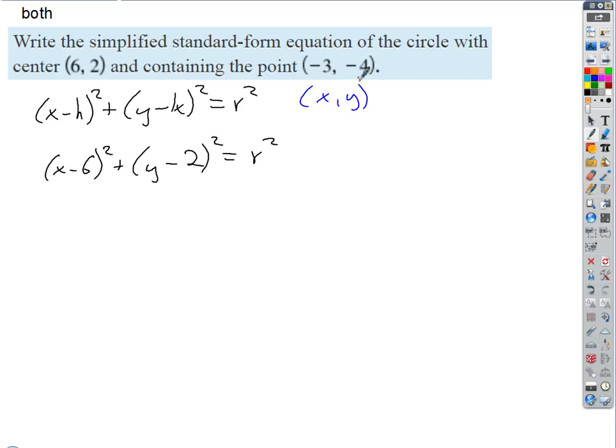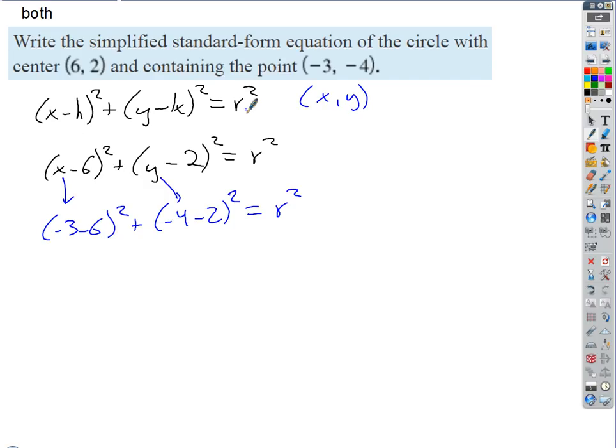So if I plug in an x value of -3 and a y value of -4, that's going to allow me to solve for r squared, which is the number that has to appear on the right side of the equation.